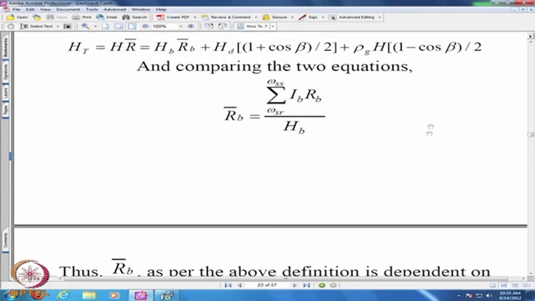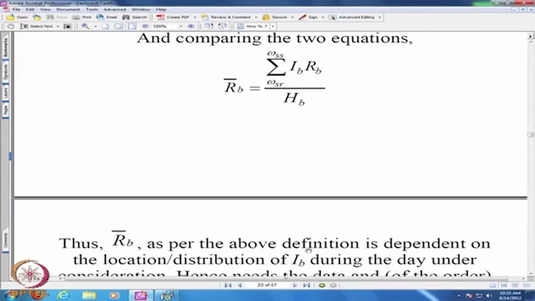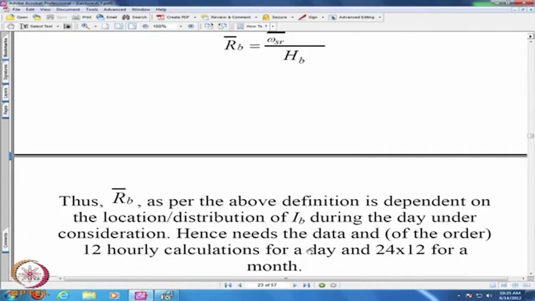So, now this leaves us in a little uncomfortable position, because you have to have the data of IB from sunrise to the sunset in order to evaluate RB bar. Not only that, it requires on an average of 12 calculations for the day. Even if you have the data, it requires 12 calculations.